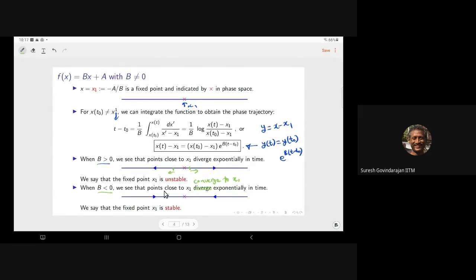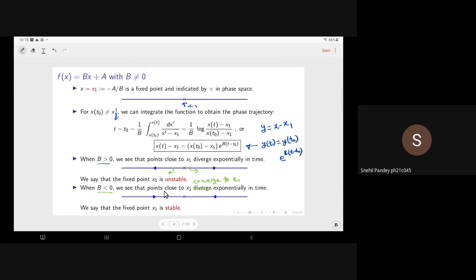Is this idea clear? If you look at a fixed point and look for points close to it, you will see that it's either stable or unstable. These are the only two possibilities, and that is fixed by the sign of b. The sign of a is not important in this. Is this point clear?